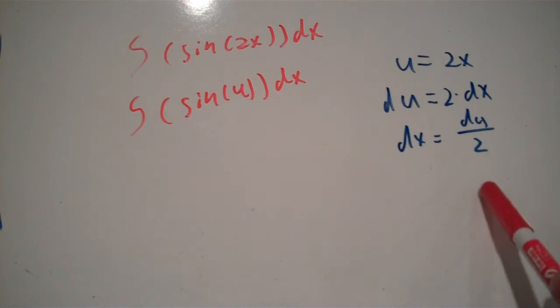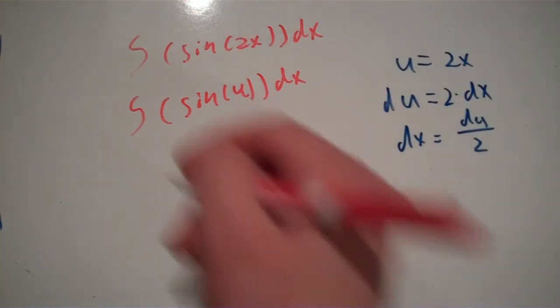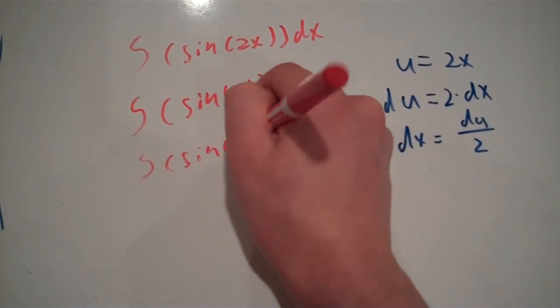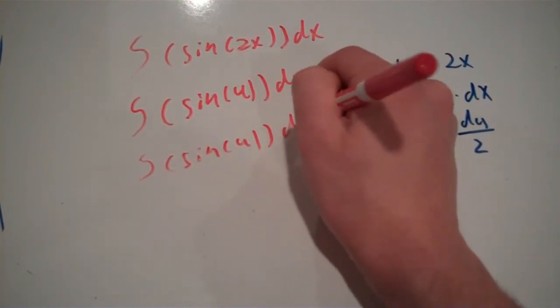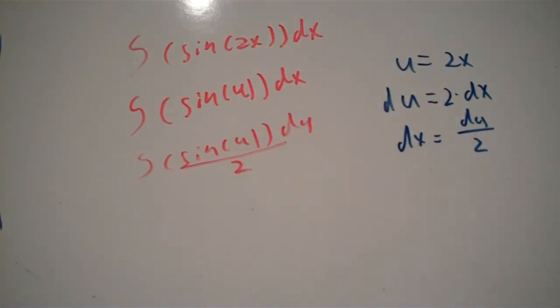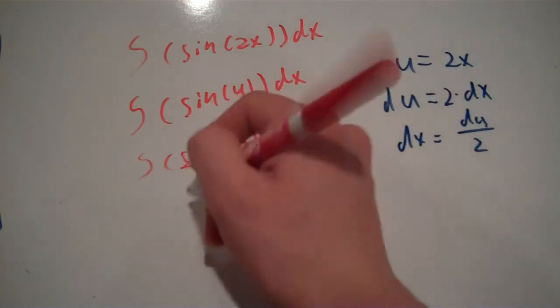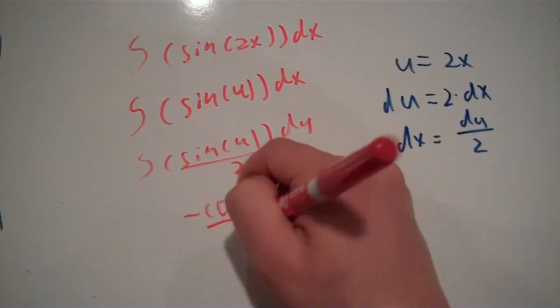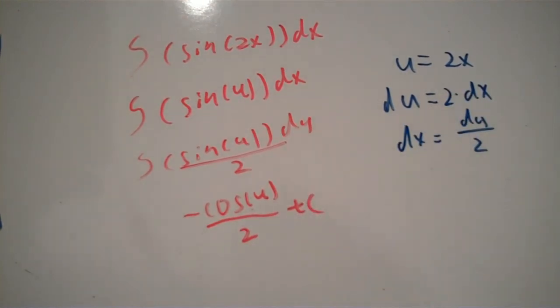So, now plugging this into our integral, we now have the integral of sine of u du over 2. Now, taking the integral of that, we get negative cosine of u over 2, plus c, of course.